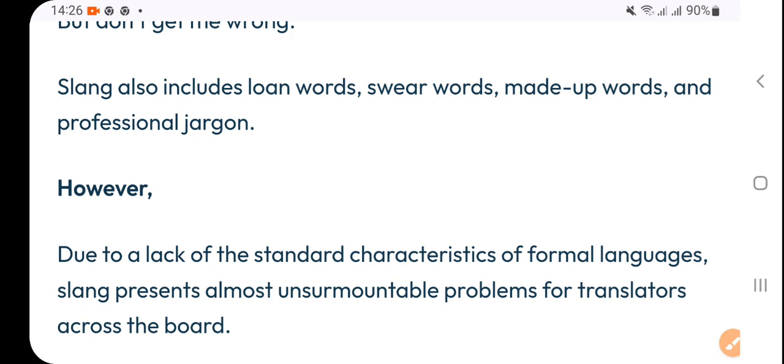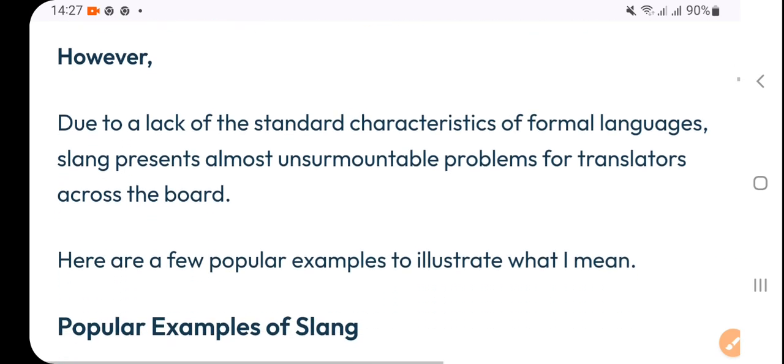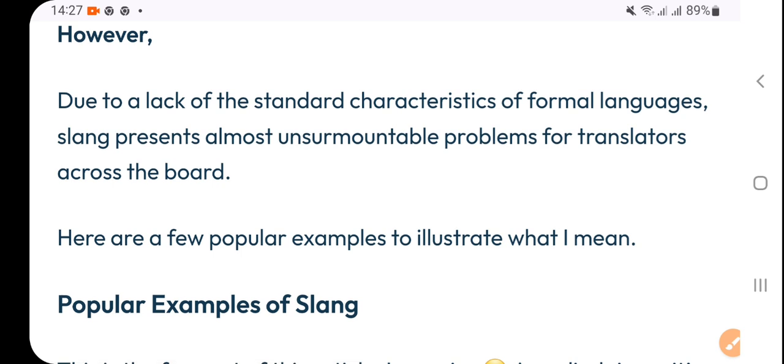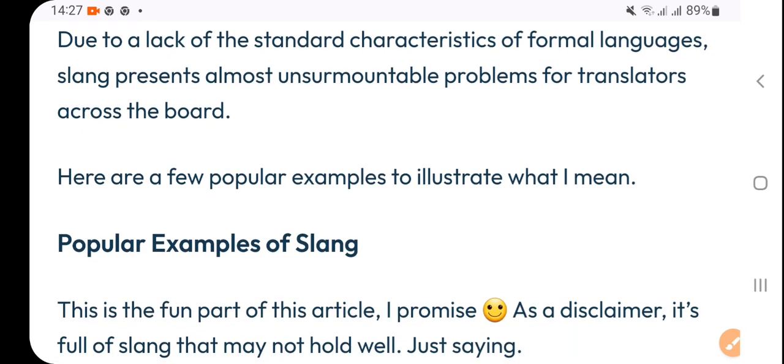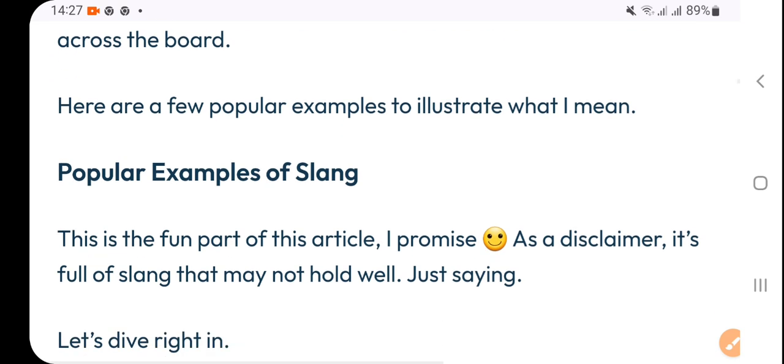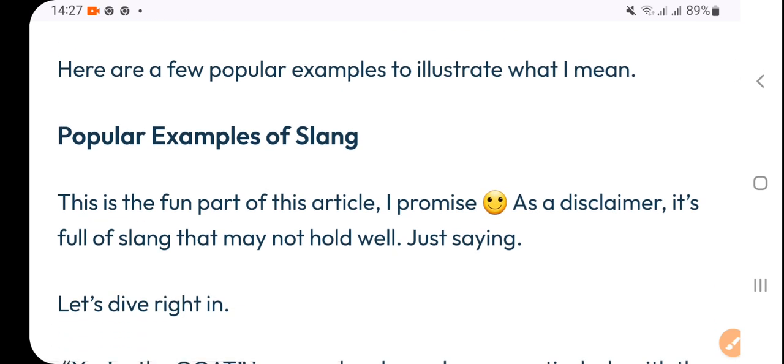These are the different words, professional jargon. So these are the things. However, due to the lack of the standard characteristics of formal languages, slang presents almost insurmountable problems for translators across the board. So here are a few popular examples.